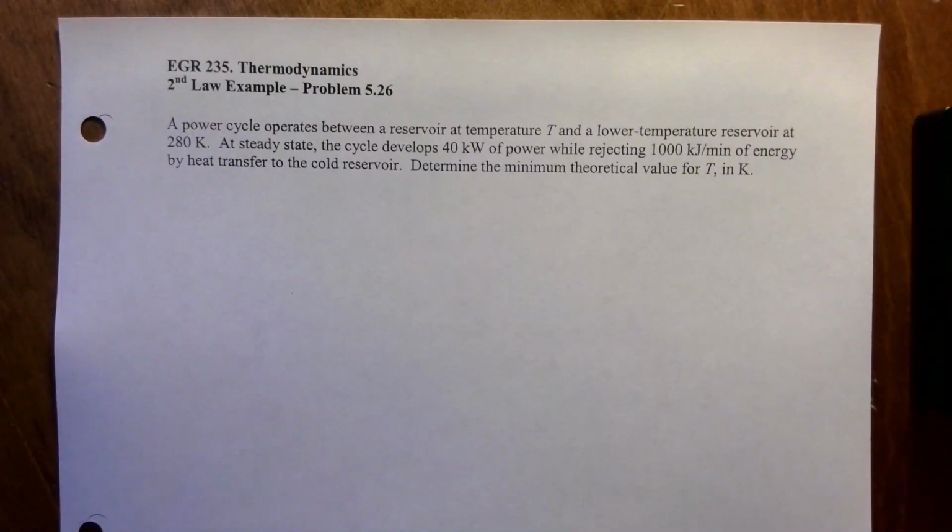Again, the power cycle operates between a reservoir at temperature T and a low temperature reservoir at 280 K. At steady state, the cycle develops 40 kilowatts of power while rejecting 1000 kilojoules per minute. So recognize that detail of the units to consider for the heat transfer to the cold reservoir. Determine the minimum theoretical value for the temperature, in K.